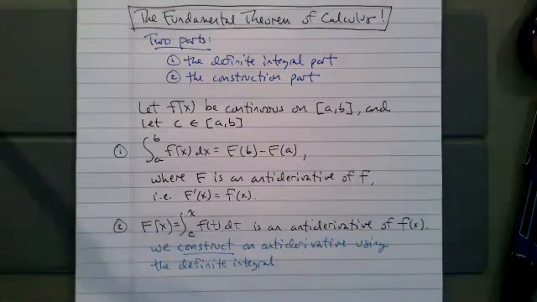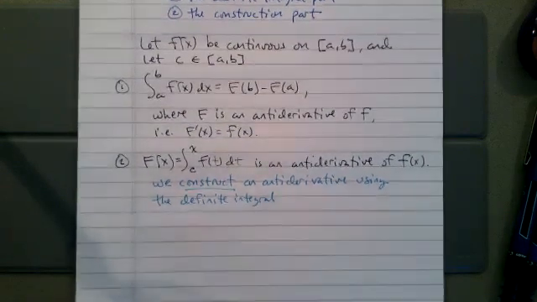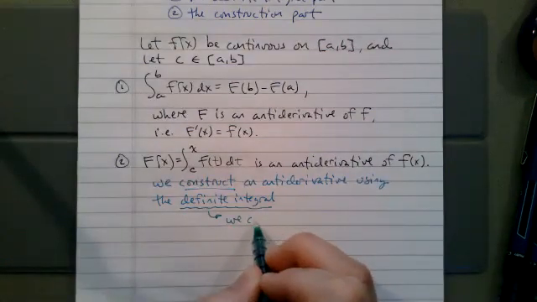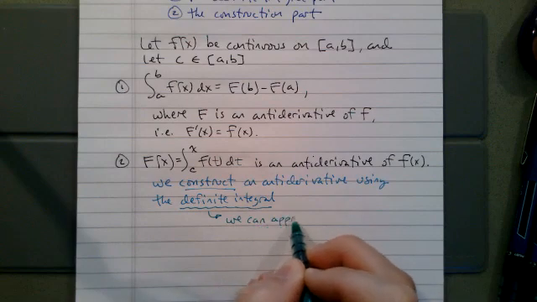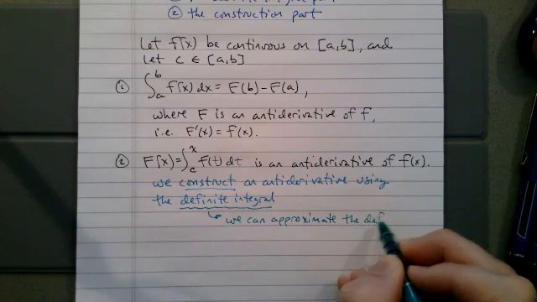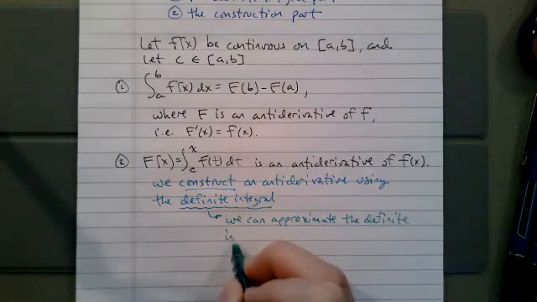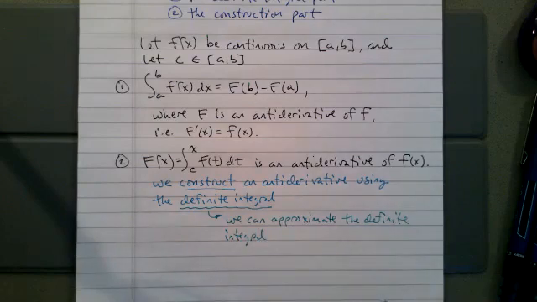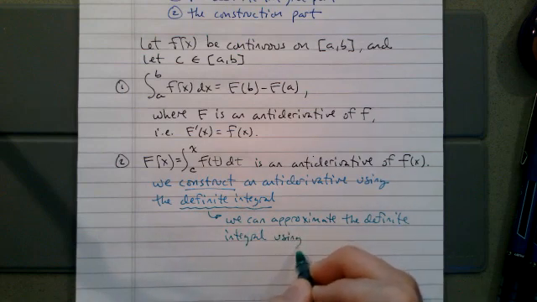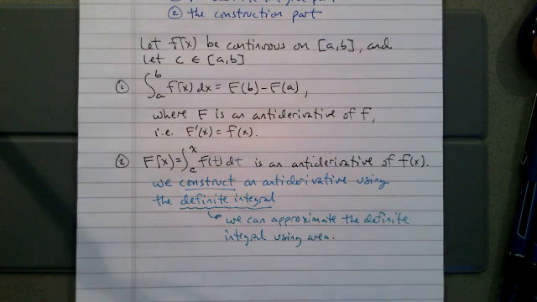And this is useful because we can always approximate the definite integral with area. We can approximate the definite integral to any degree of accuracy with area. And if we have a continuous function, we can do this to any degree of accuracy we need.